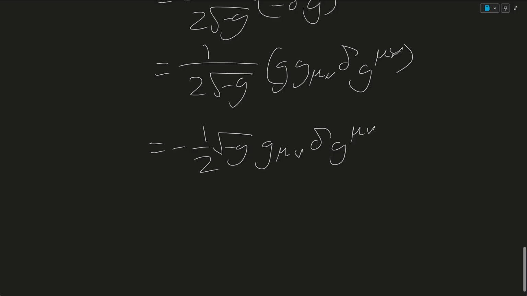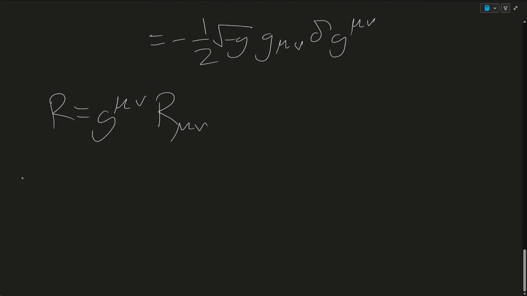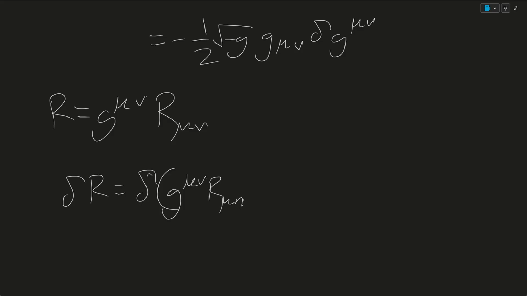Anyway, the next thing we have to do is vary the Ricci scalar. Now we can formally define that as g to the mu nu times R sub mu nu. So our variation here, delta R is equal to delta g to the mu nu R sub mu nu. Keep writing in English instead of Greek. I think I'm just tired.